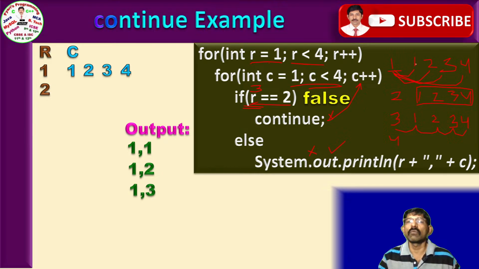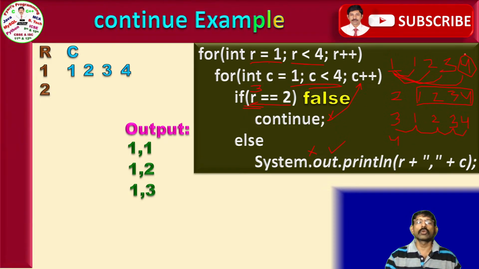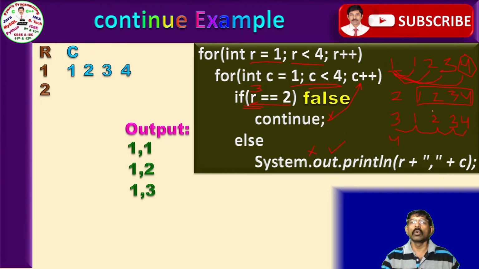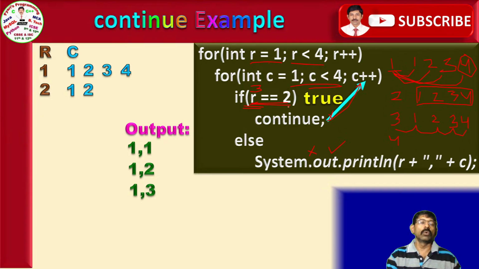So that's why 1,1, 1,2, 1,3, 1,4, because 4 is false over here. Next time R is 2, 2,1, 2,2, 2,3, 4 is false. But R is equal to 2, so no output. 2,1 true, no output. Continue, 2,2, no output because it is true. True means continue. C++.